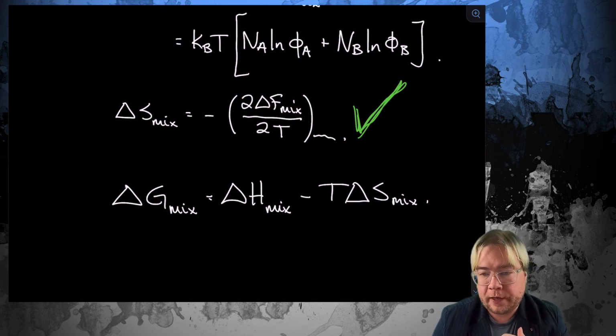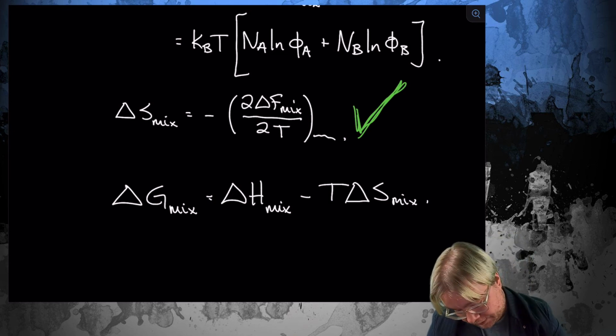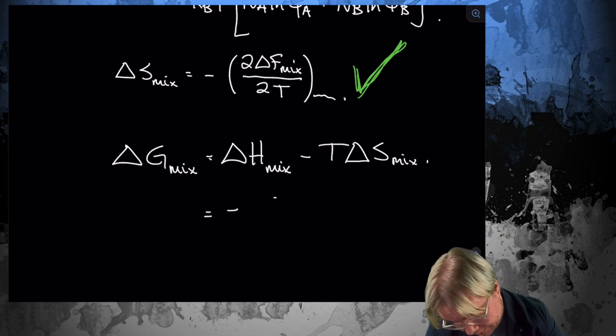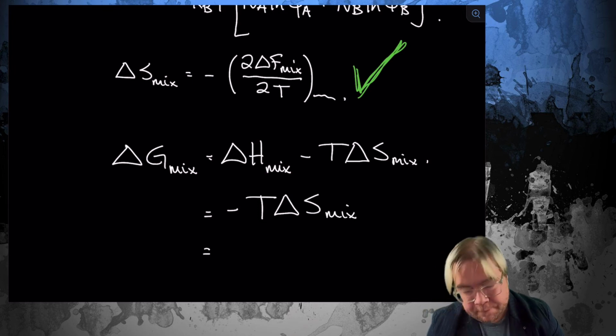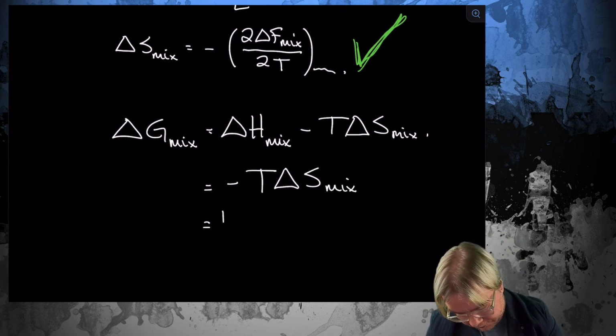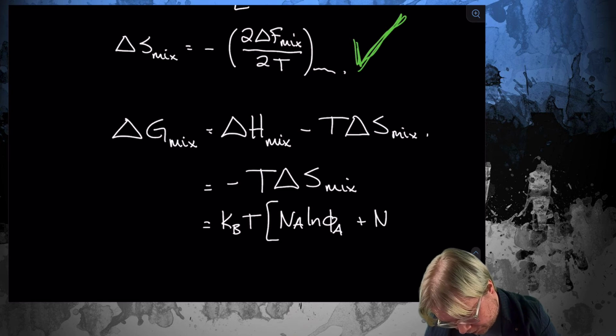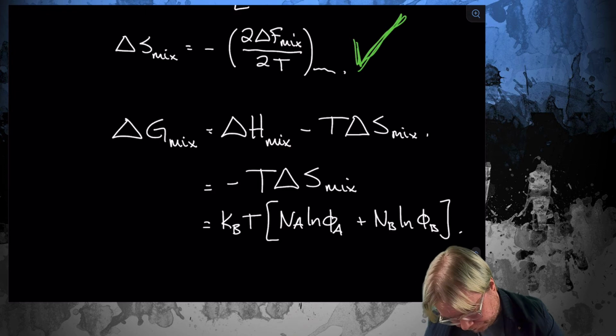So you can prove, and we'll see it in a little bit, that if there are no preferential interactions, then the enthalpy is not going to change either. You can use the Gibbs-Helmholtz equation to do that. So if that's the case, if you don't have preferential interactions, then delta G of mixing will still be minus T delta S of mixing, and you're going to get the same thing. You're going to get that delta G of mixing is KBT NA log phi A plus NB log phi B.